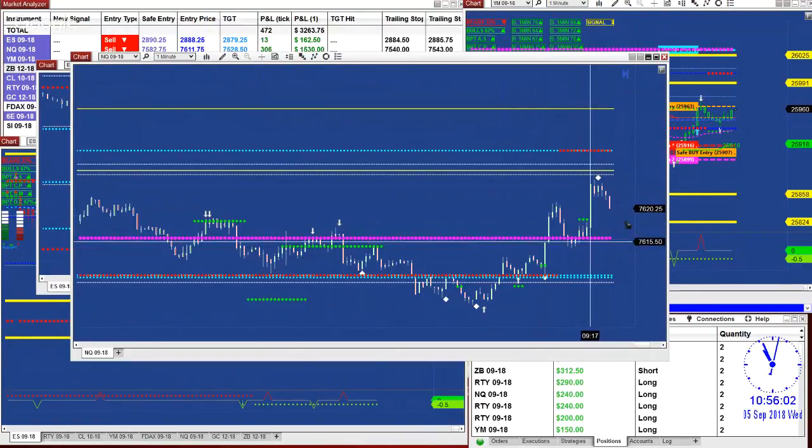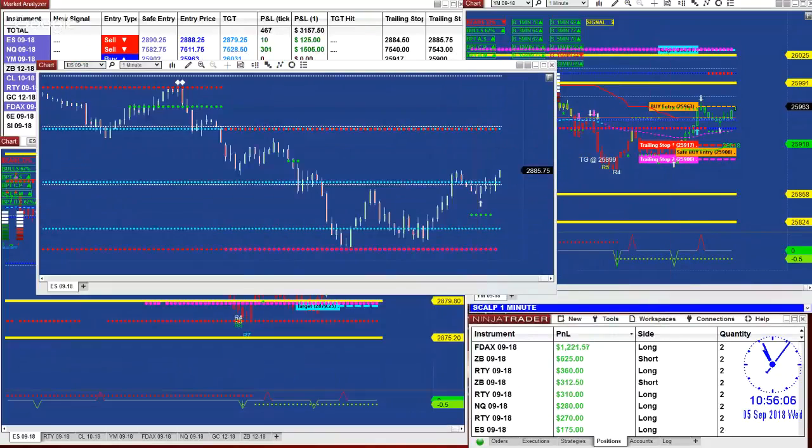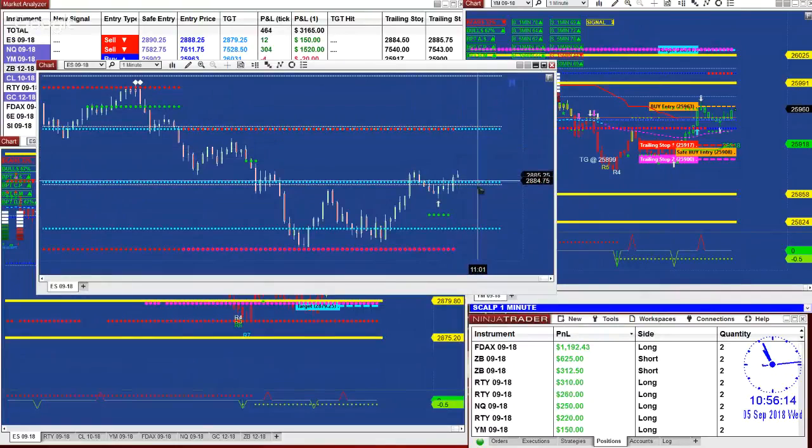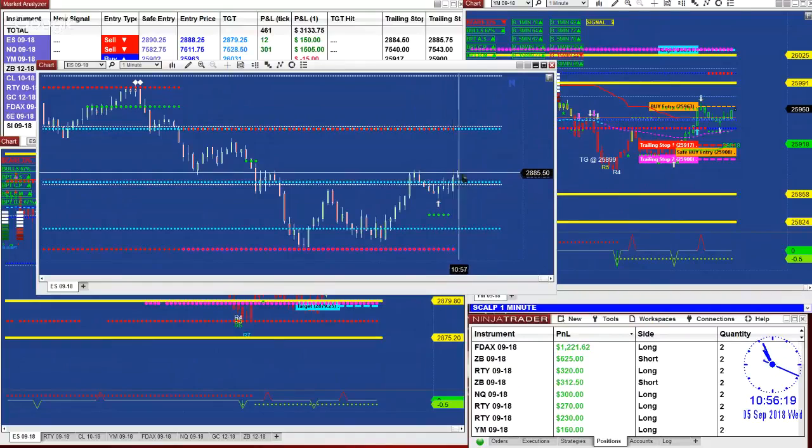This one is tradable. Right now, the ES and the YM are not tradable. If this one here starts breaking out on the first pullback, okay, I will take this one. But right now, I will not touch this market at all.